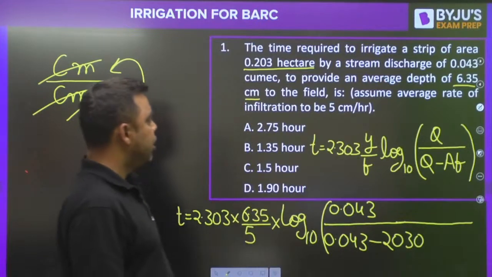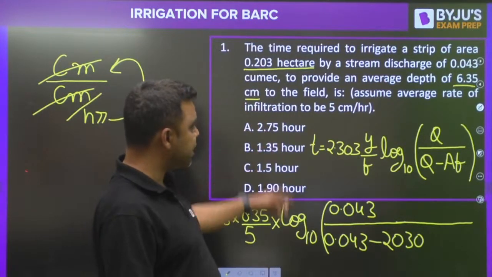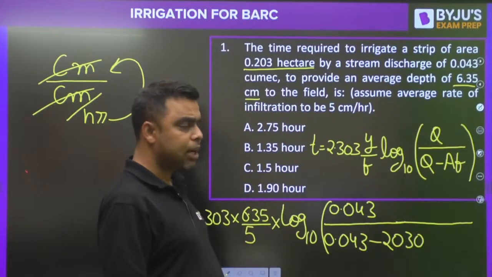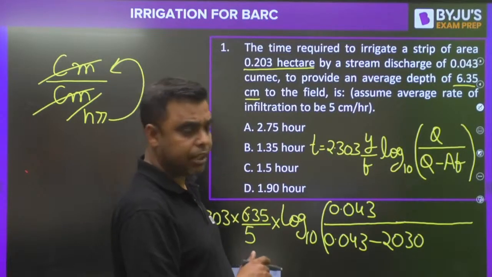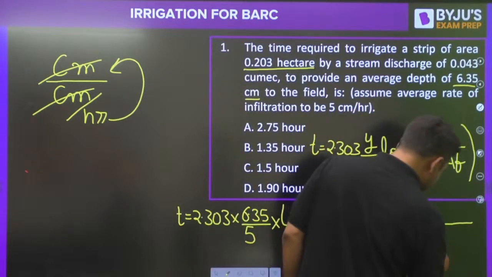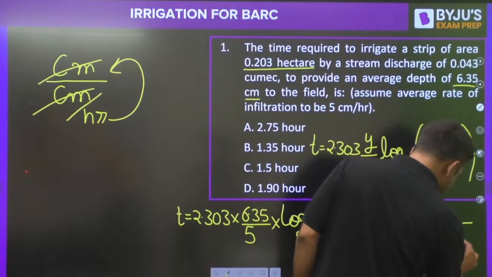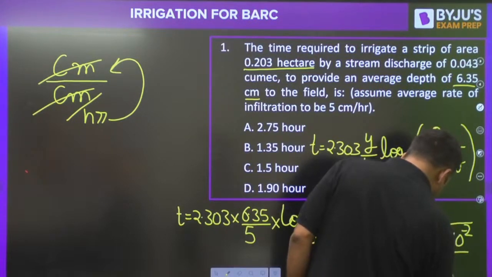Now F. Over here F is basically 5 centimeter per hour. I need to convert this in terms of meter per second. So 5 into 10 to power of minus 2 divided by 3600.